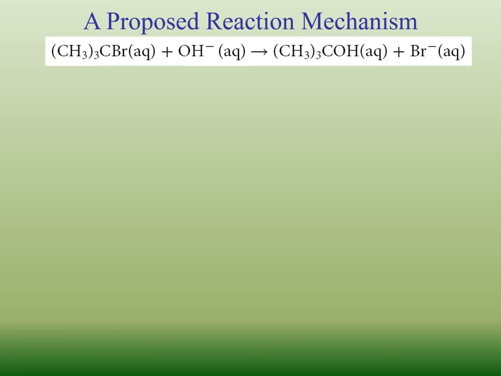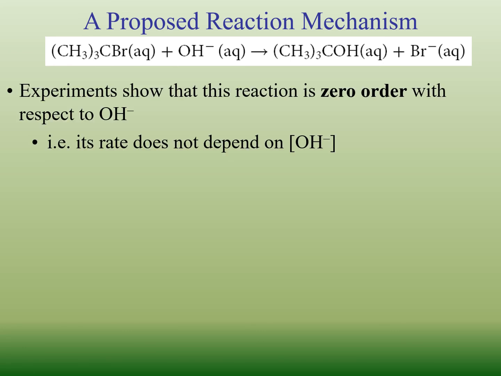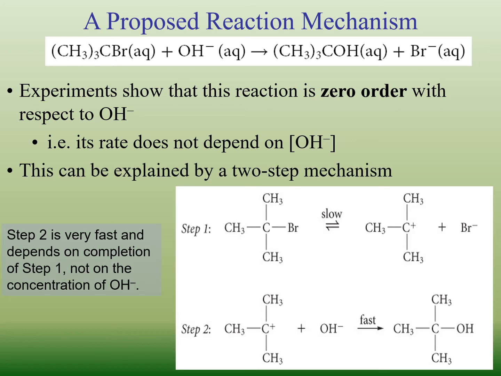Let's look at the proposed reaction mechanism for 2-bromo-2-methylpropane with a hydroxide ion. Experiments show that this reaction is zero order with respect to the hydroxide ion, which means its rate does not depend on hydroxide concentration at all. This can be explained by a two-step mechanism.